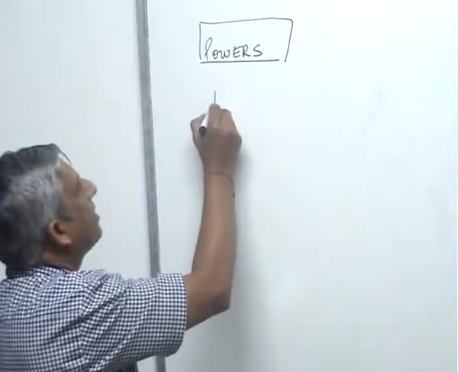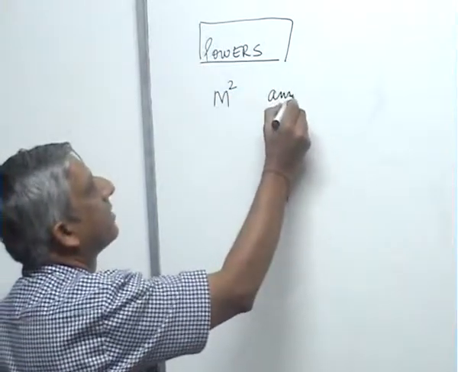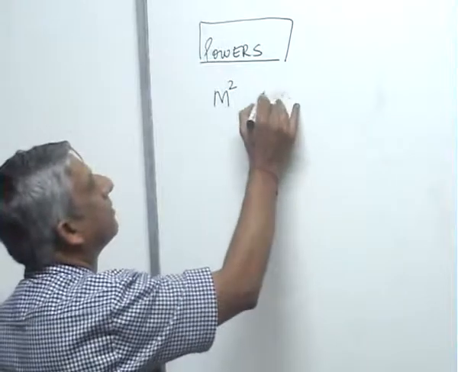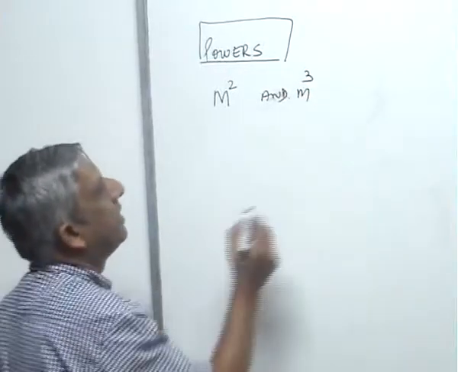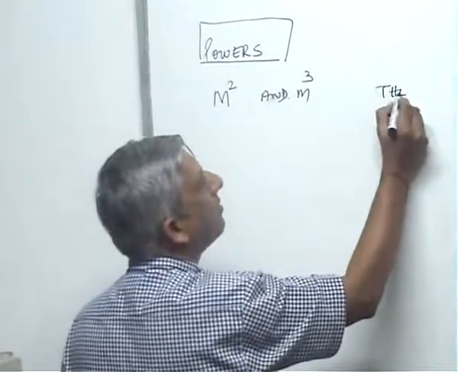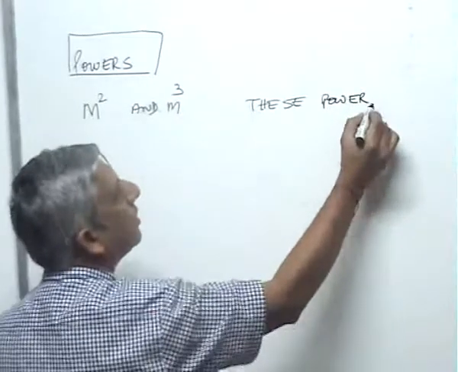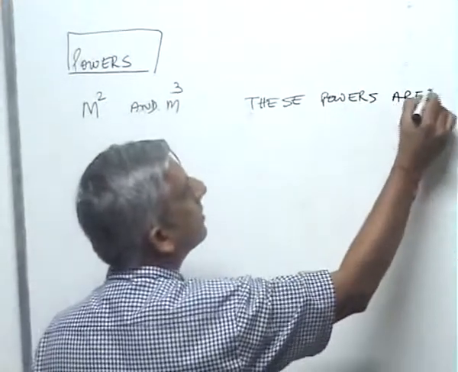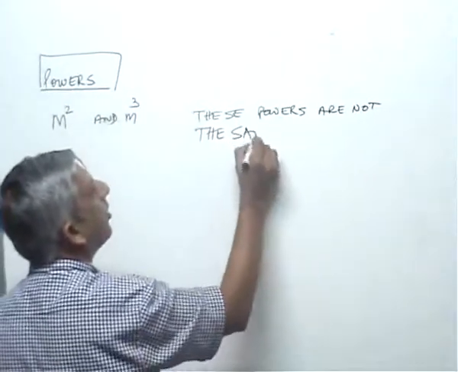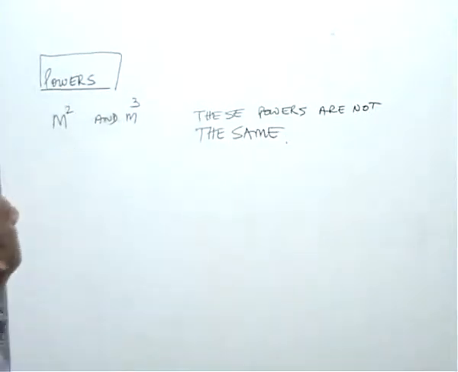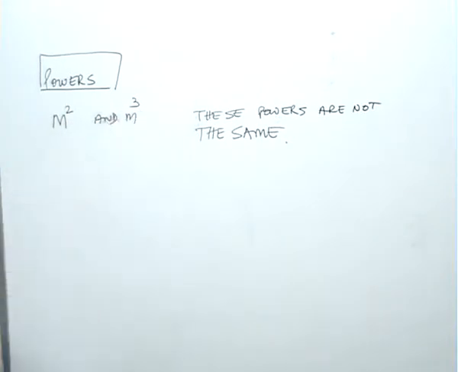You see, if you take a power like m squared and m cubed, then these powers are not the same. They're not the same because the index is different.